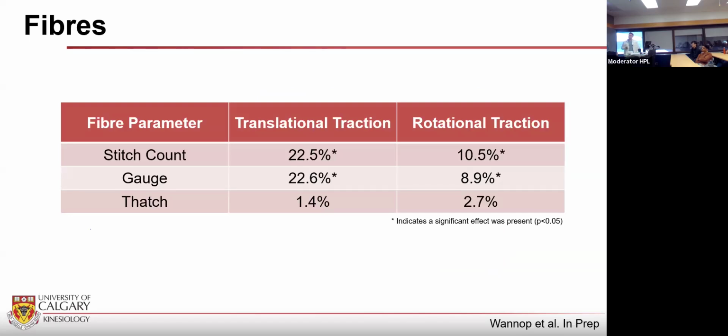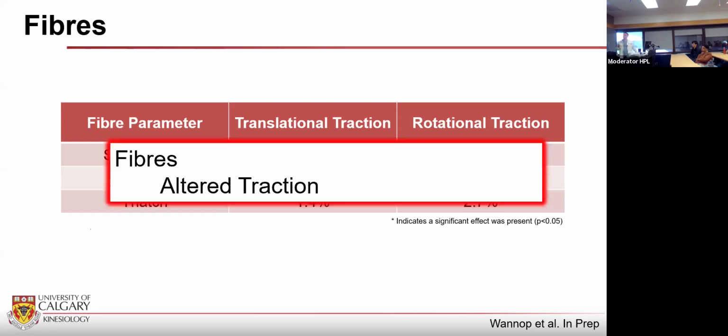We could get changes of up to about 22% in the translational traction by altering those two components. As well, for the rotational traction, we could have changes between 9 to 10%. The presence or the absence of the thatch layer had no effect on the translational or rotational traction. So fibers can also alter the traction of these surfaces.